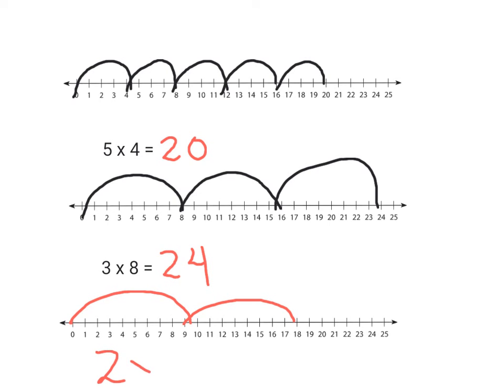You know they're equal groups, so that means times. Well, how many jumps did we make? 9 and 9. So that's 2 jumps of 9, or 2 groups of 9. So that would be our multiplication sentence. We end on 18, so the product is 18. In this lesson, you learned how to skip count on a number line.